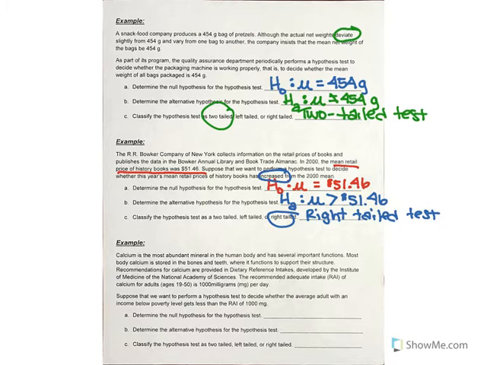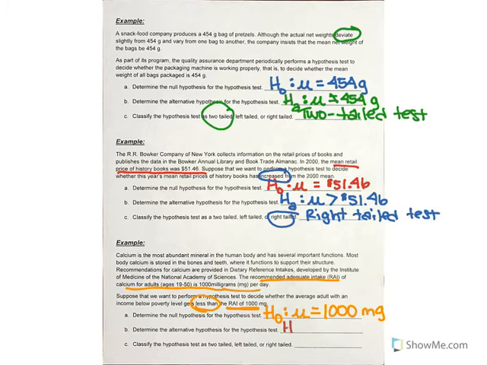So we're looking at our general statement, our hypothesis. It says that the recommended adequate intake of calcium for adults is 1,000 milligrams per day. So we're going to say that our null hypothesis is going to equal 1,000 milligrams. And then our alternative hypothesis tells us our direction. It says less than the 1,000, okay?